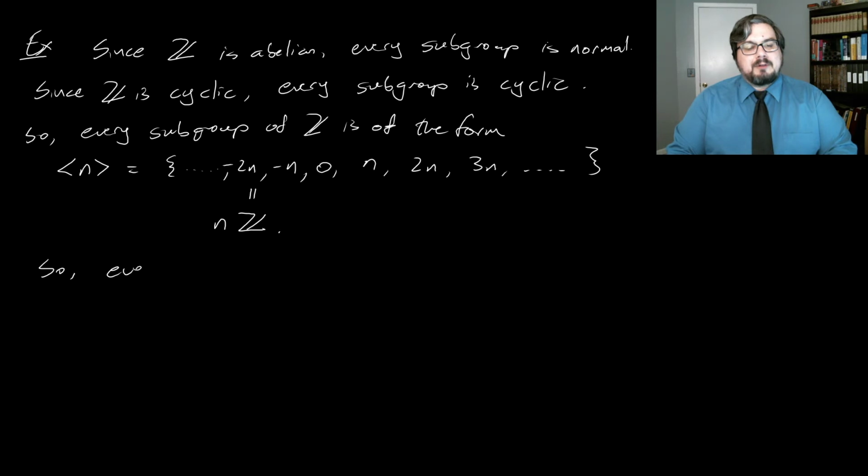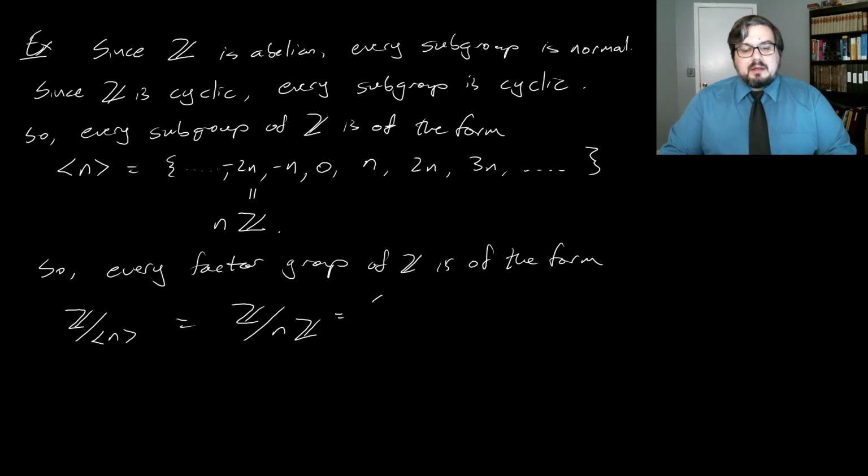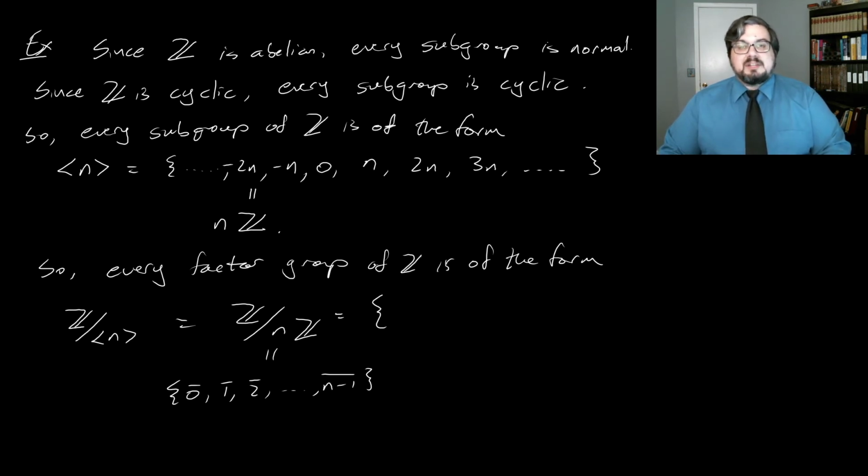So that means that every factor group of Z is of the form Z mod the cyclic group generated by n, or in other words, Z mod nZ. Now, we had written the elements of this group before as 0 bar, 1 bar, 2 bar, etc. up to n minus 1 bar. And we could also write these down using the notation from the previous theorem.